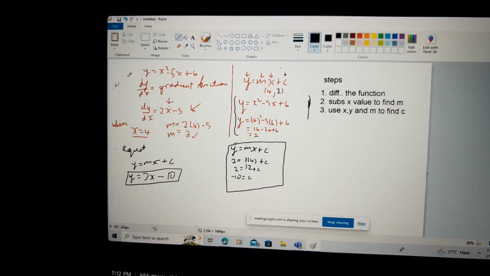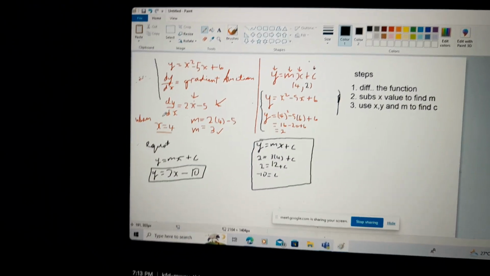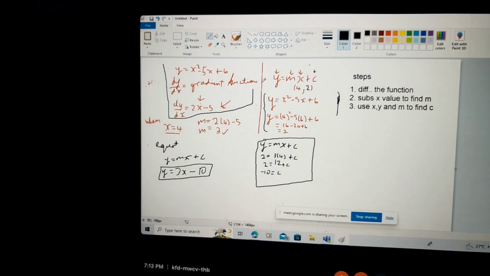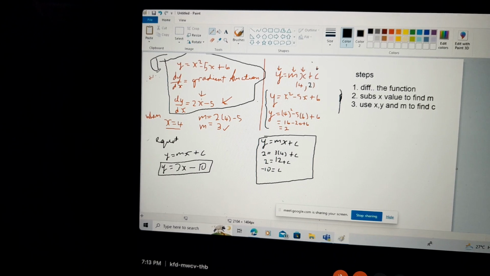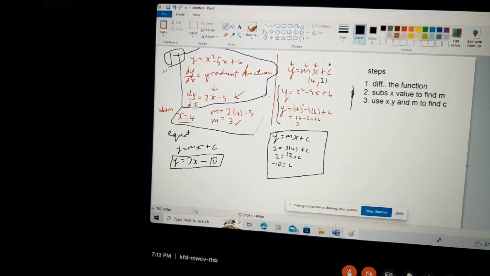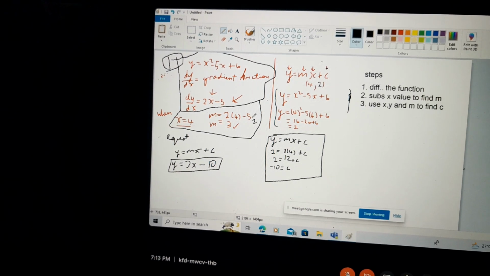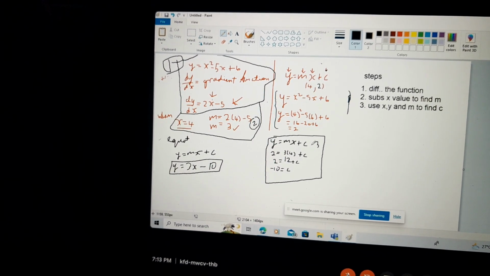Right? So if we had to look at the steps, this would be step 1. This here would be step 2. Finding c would be step 3.